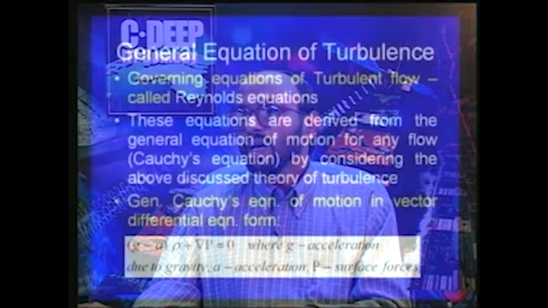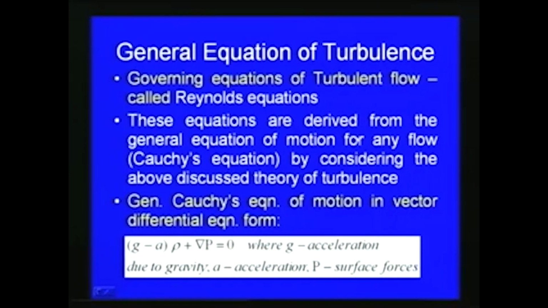The governing equations of turbulent flow are generally called the Reynolds equations. In 3 dimensions, they consist of 3 momentum equations and the continuity equation. These equations are derived from the general equations of motion for any flow, the Cauchy's equations, by considering the above discussed theory of turbulence.